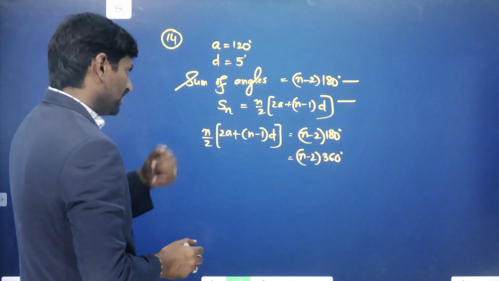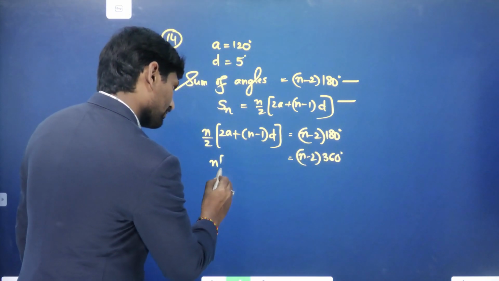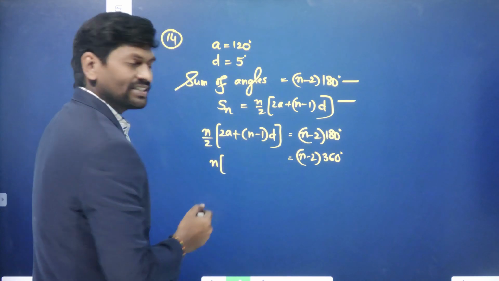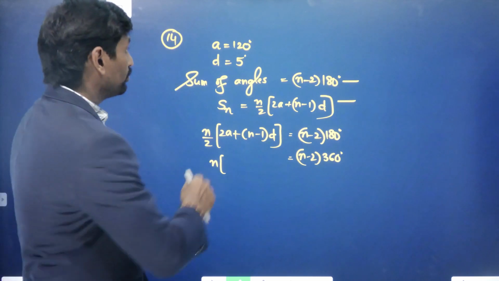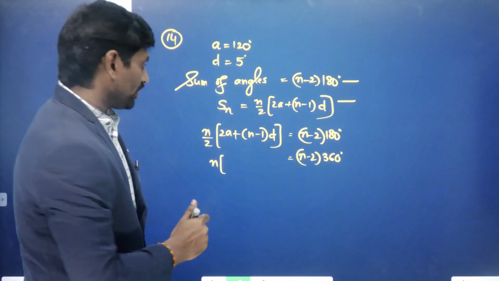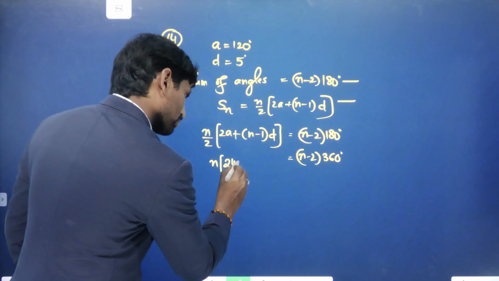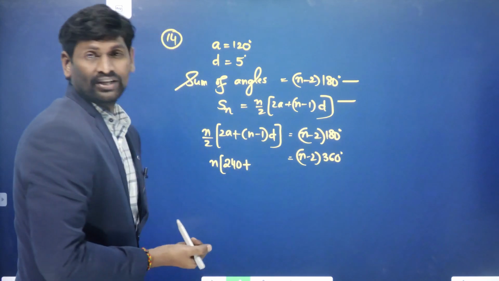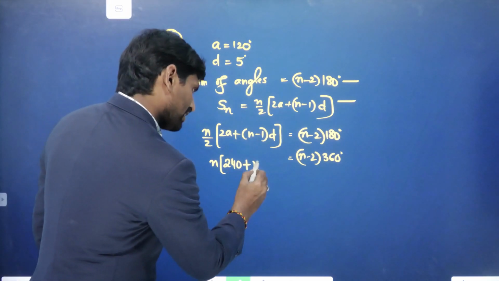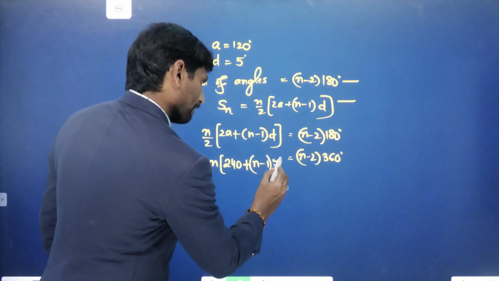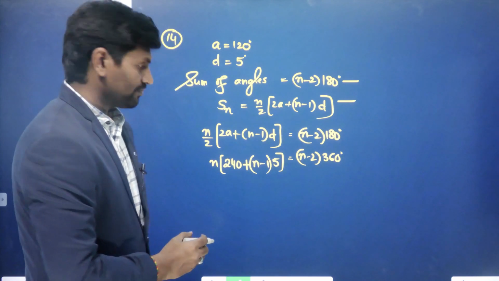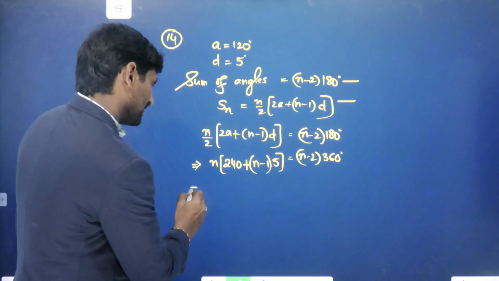Now here n into 2a plus n minus 1 into d. The a value is 120 now. 2 into 120 is nothing but 240, so 2a is 240 plus n minus 1, as it is, and the common difference is 5. Let us check that.